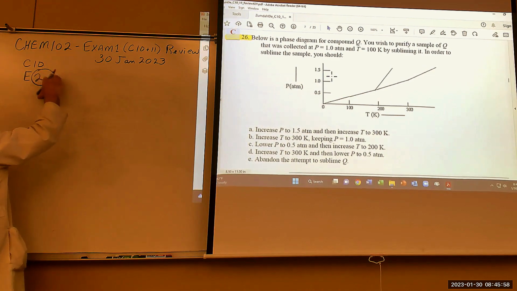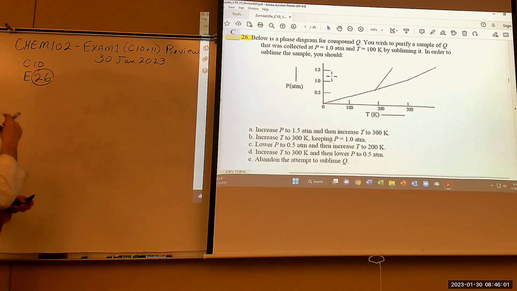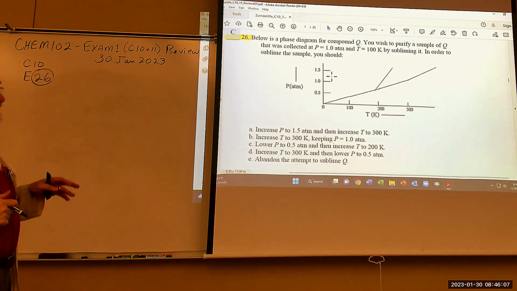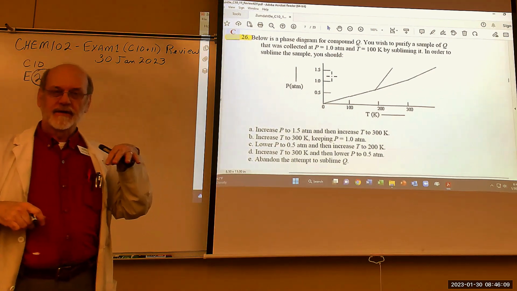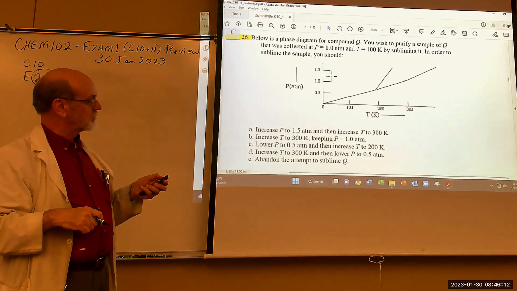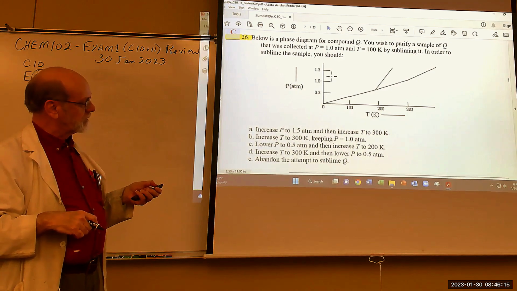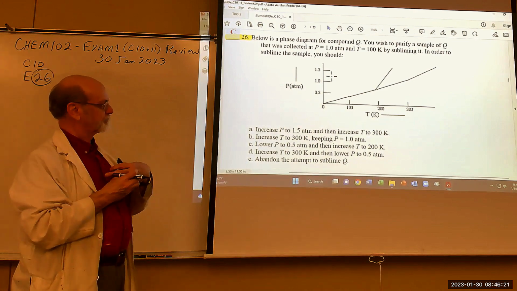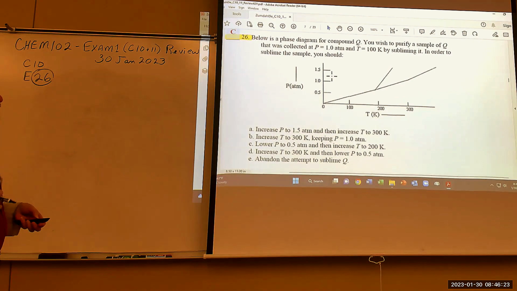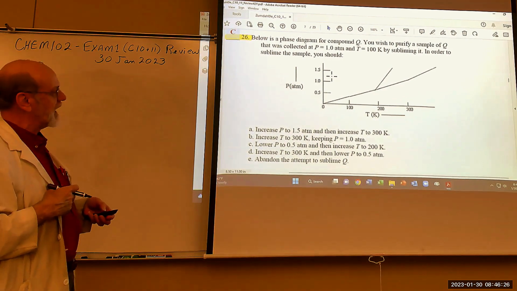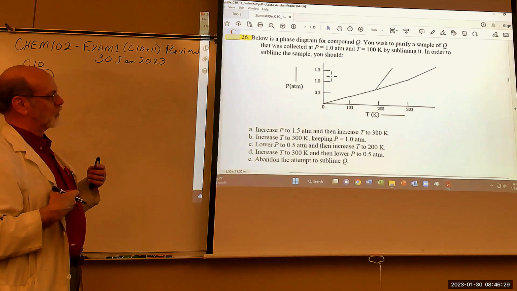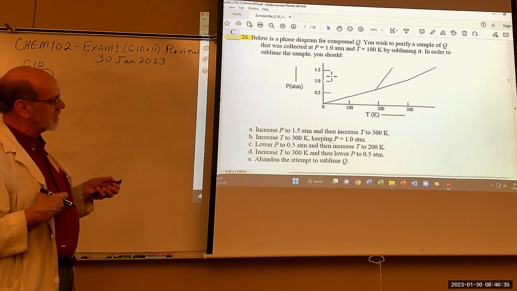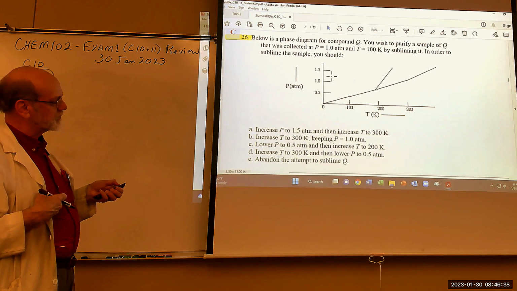26. Below is a phase diagram for compound Q. Okay. It doesn't tell you where liquid, solid, and gas are. You have to remember that. By convention, this is the gas, this is the liquid, and this is the solid. You want to purify a sample of Q that was collected at 1 atmosphere pressure and 100 K. So it was collected at this position right here.